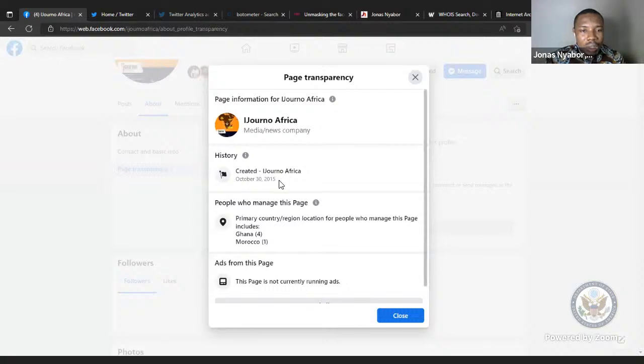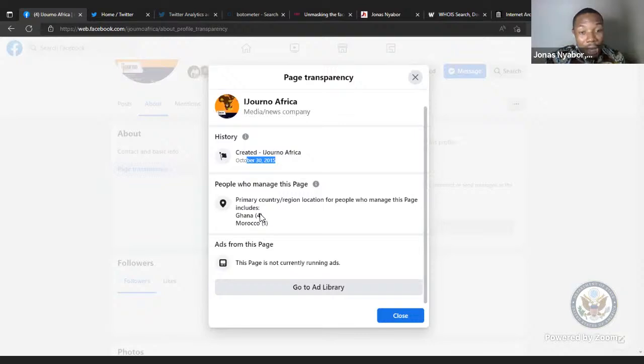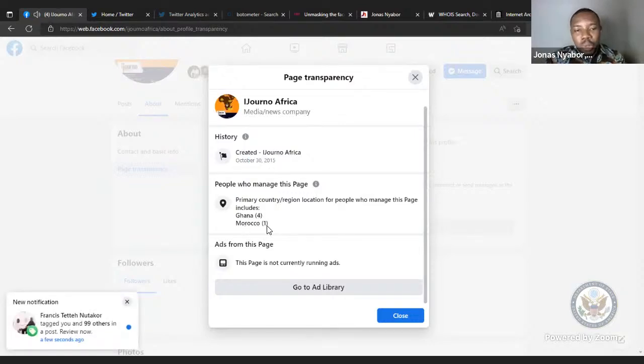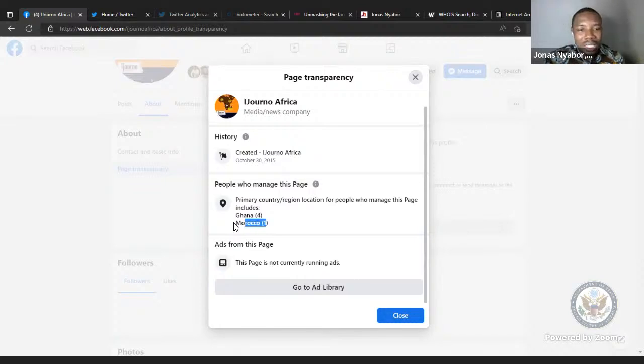As you can see, the page was created in 2015 and is being managed by 5 people: 4 in Ghana and 1 in Morocco. The executive director or founder of the organization is currently based in Morocco, and so that is displayed here. So that's a very important feature. You're able to tell where those managing the pages are coming from.